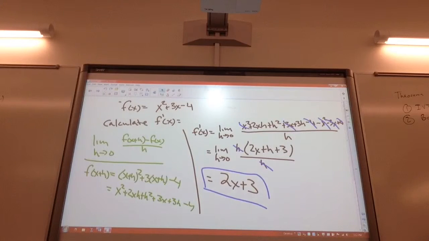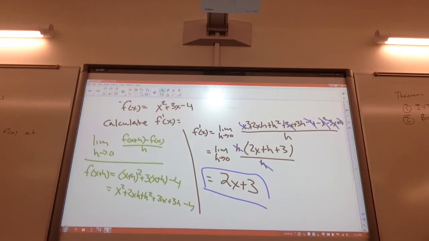So now if I said, what's the slope of f of x at x equals 4? All I have to do is plug 4 into this, and that gives me my answer. f prime of 4 equals 2 times 4 plus 3, which is 8 plus 3, or 11.